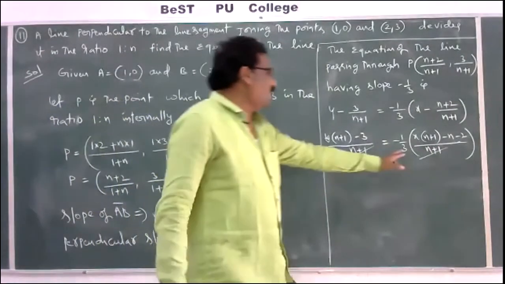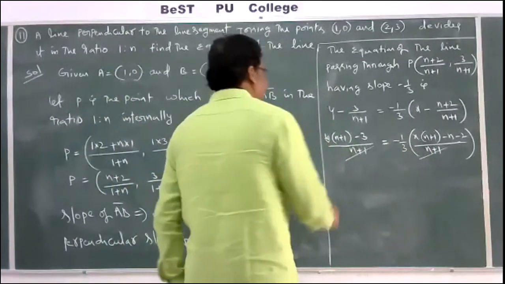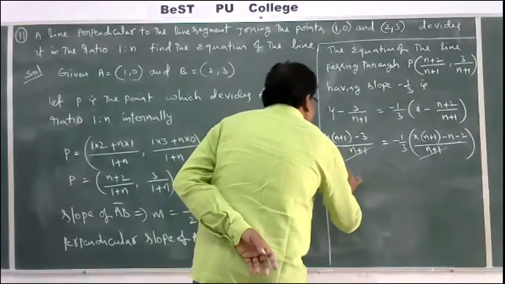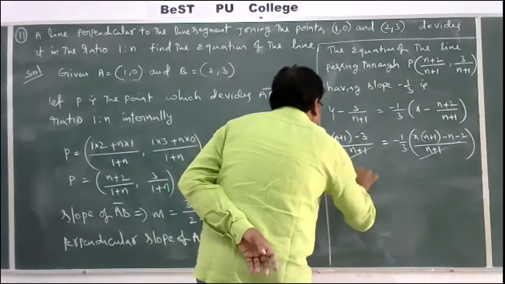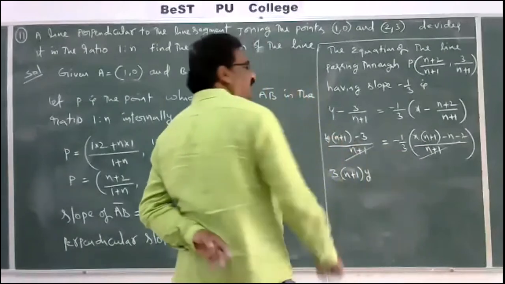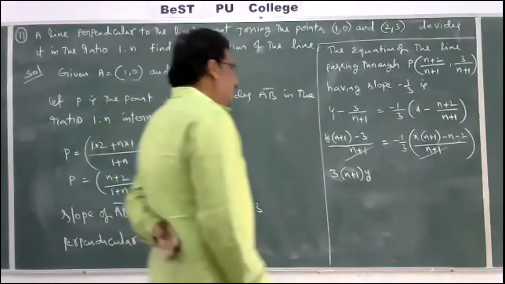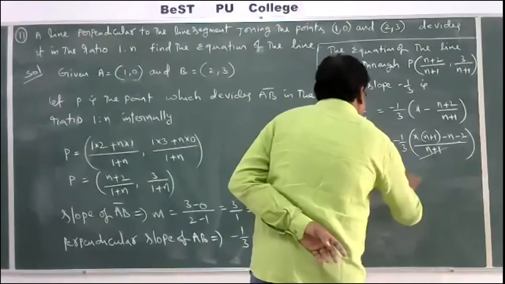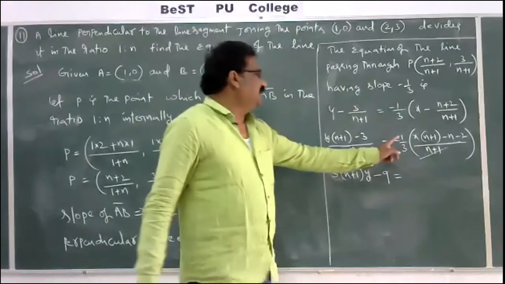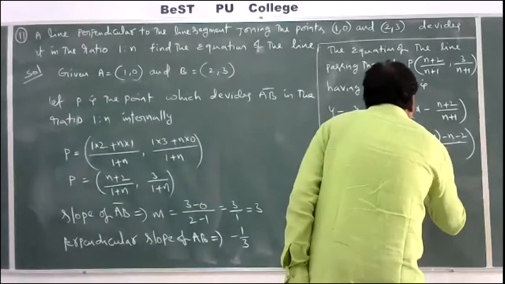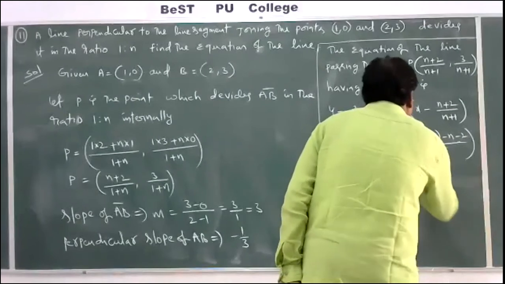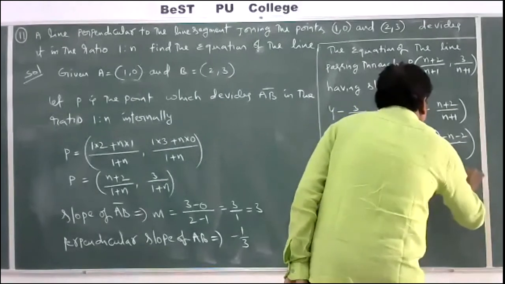Then here apply the cross multiplication. 3y into, that is 3 into n plus 1 into y, 3 cross multiplication, minus 9 is equal to, here multiplying the minus 1 inside the bracket, that is minus n plus 1 into x plus n plus 2.